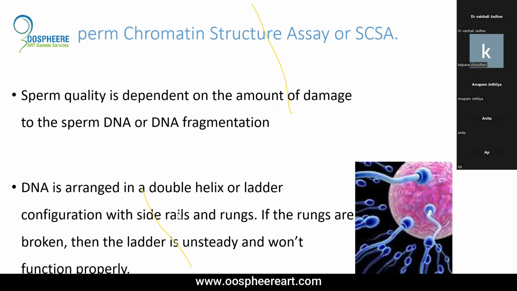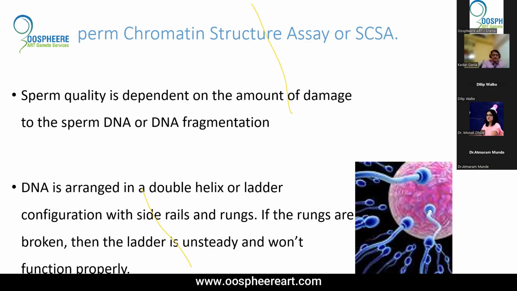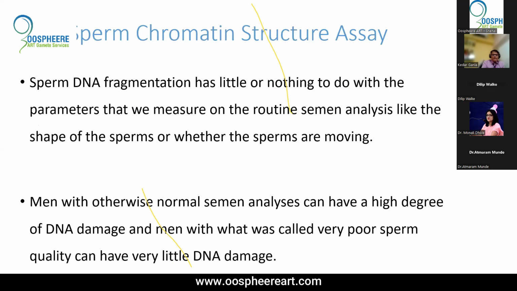Now, DNA we know is arranged in a double helix structure like a ladder, which is maintained correctly. If this ladder or the rungs are broken, then it will not function properly.